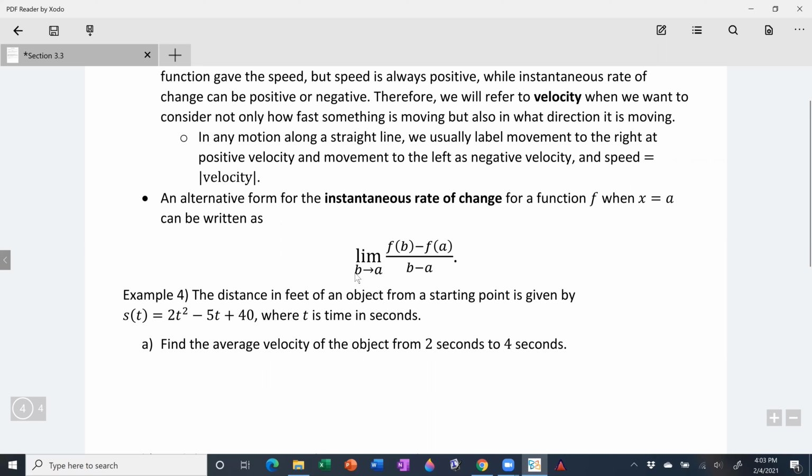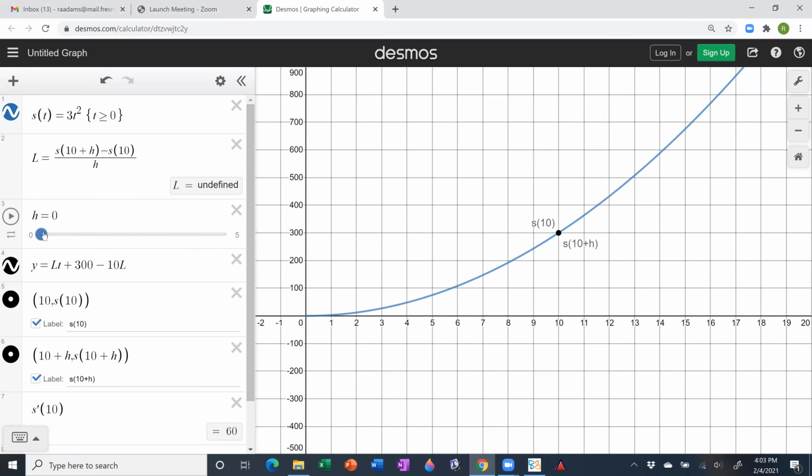You imagine some other b value, and it could be larger than a, or it can be smaller than a. It doesn't matter if it's on the right or the left. You just work out this formula, and we imagine the limit as the b number approaches the a number, which is the same concept, right? We want to make sure that these two points start apart from each other, but the limit as those two points approach each other is that they end up lying right on top of each other.